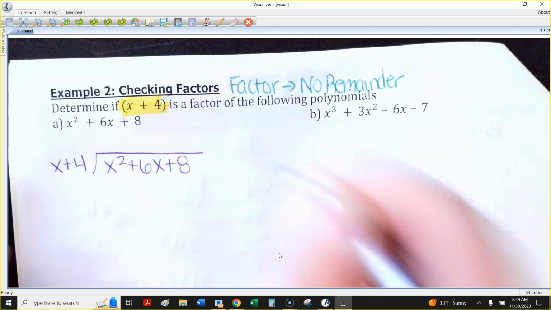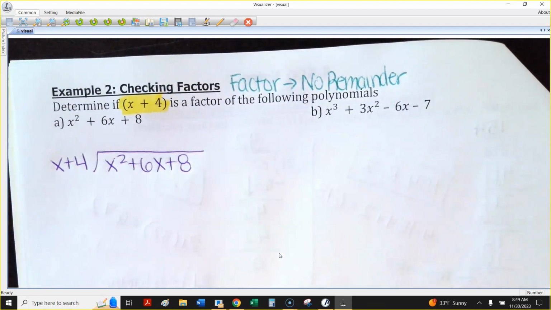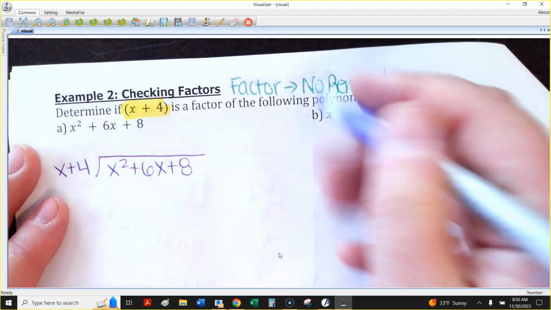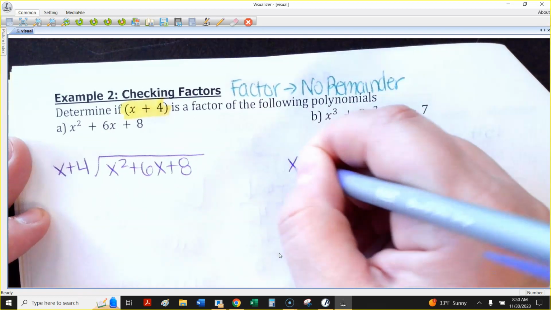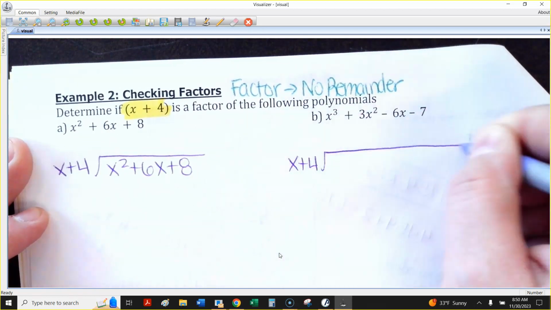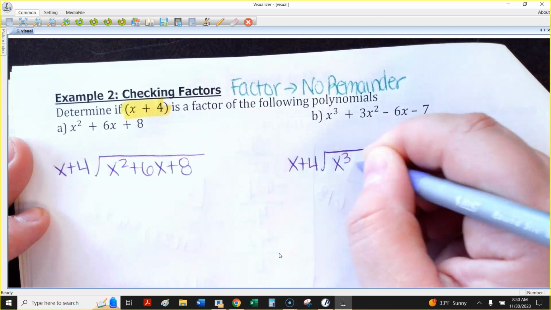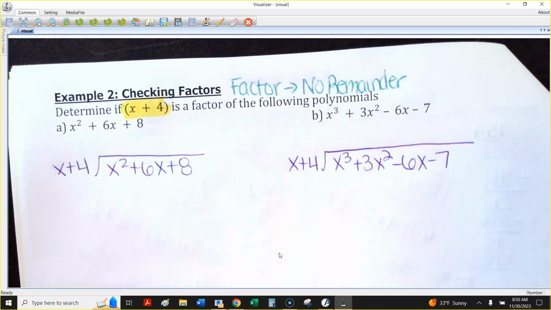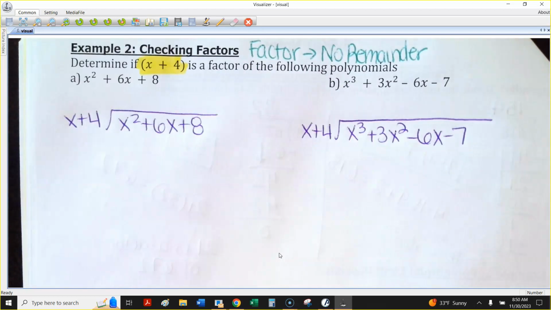And we're going to divide this. If we get a remainder, our answer is going to be no. If we don't get a remainder, then our answer would be yes. And just while I'm up here, I'm going to copy it for this one too. I'm also going to divide x plus 4 into this guy, which is x cubed plus 3x squared minus 6x minus 7. So we're just going to practice this a little bit more on the back here.